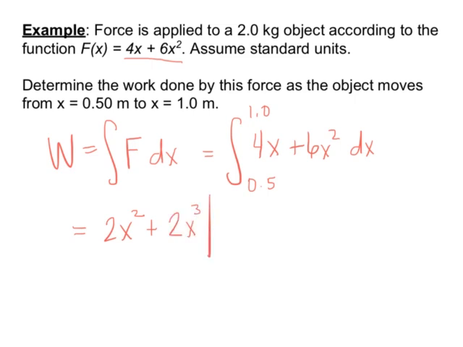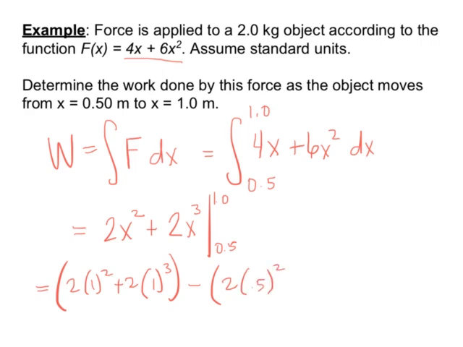And then we're going to evaluate that from 0.5 to 1. And so we need to take 2 times 1 squared plus 2 times 1 cubed, all minus 2 times 0.5 squared plus 2 times 0.5 cubed.